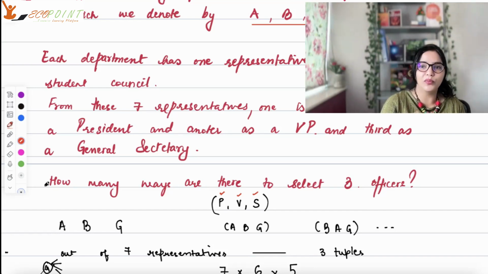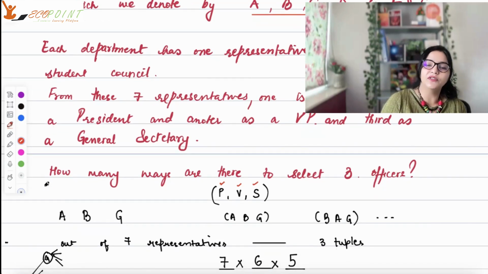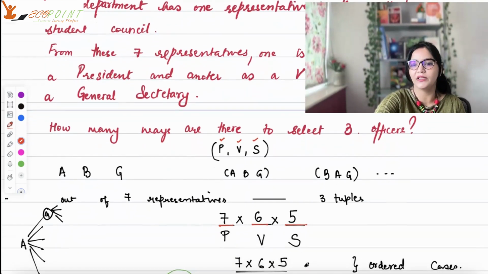So the order will matter here. In the first position, for the president, I have 7 options. Now the one person selected as president goes out, so for vice president I only have 6 options available. And for the general secretary, I have only 5 options available.